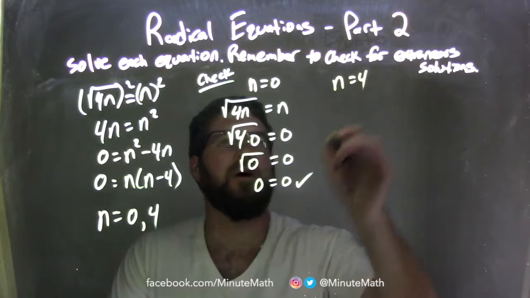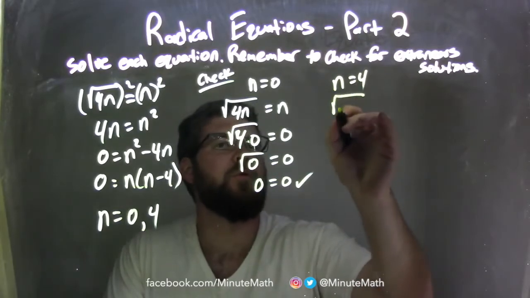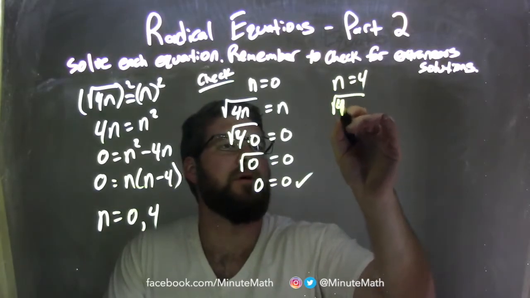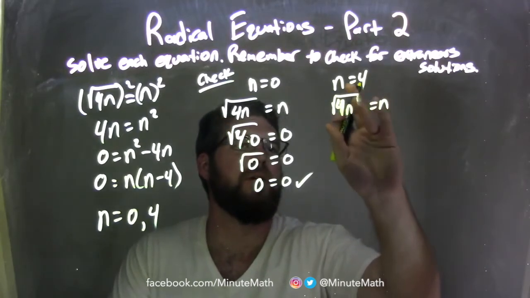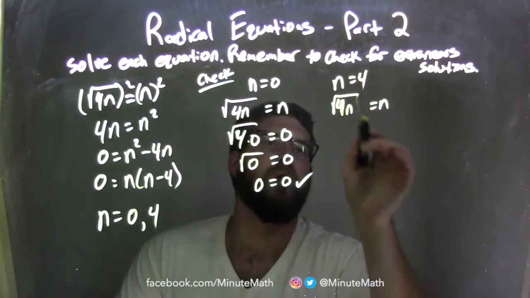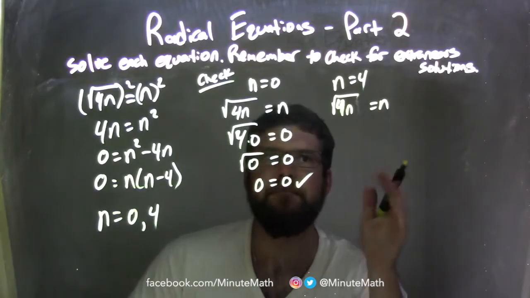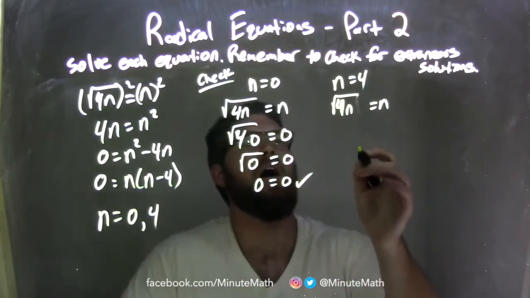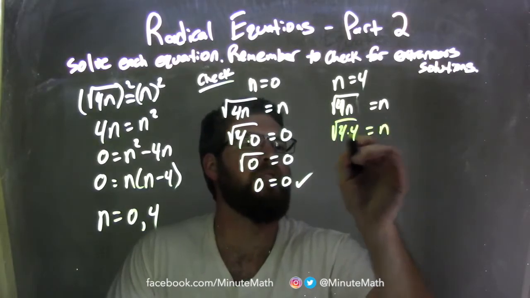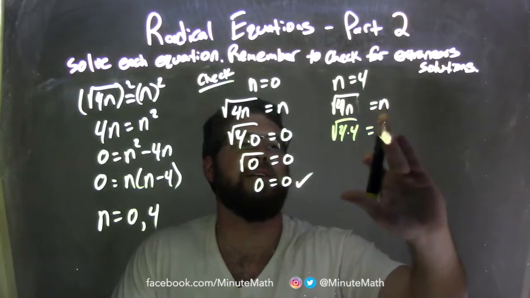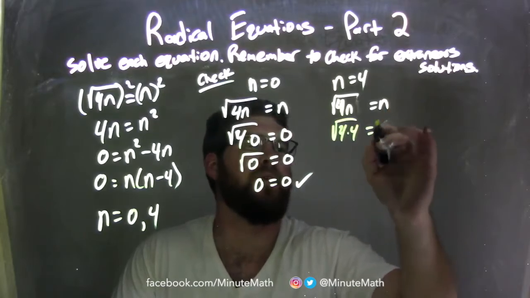But we got another one to check. So n equals 4. We can't forget it. So the square root of 4n equals n. From there, I need to plug 4 in. So I have 4 times 4 equals 4. Oh my goodness, it's getting late. This is late at night, I'm recording this.